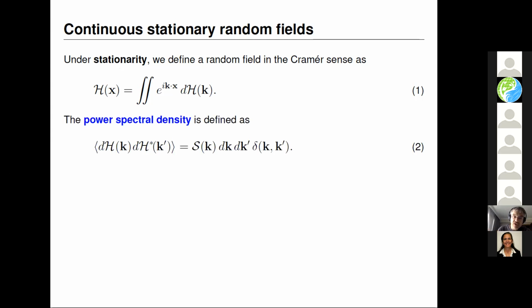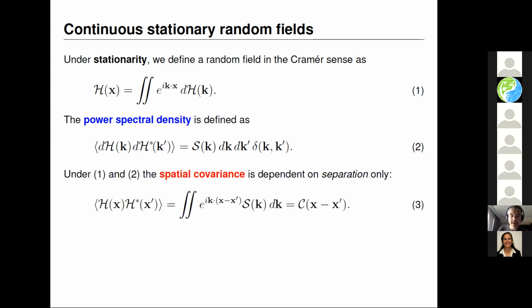And so the definition of the power spectral density is the expectation of these coupled spectral increments here. And so that's what I call curly S of k, the wave vector, and under stationarity it's really just a k, and so we're getting rid of the coupling between k and k prime in this sense. So it's already very restrictive, but this is where we start.